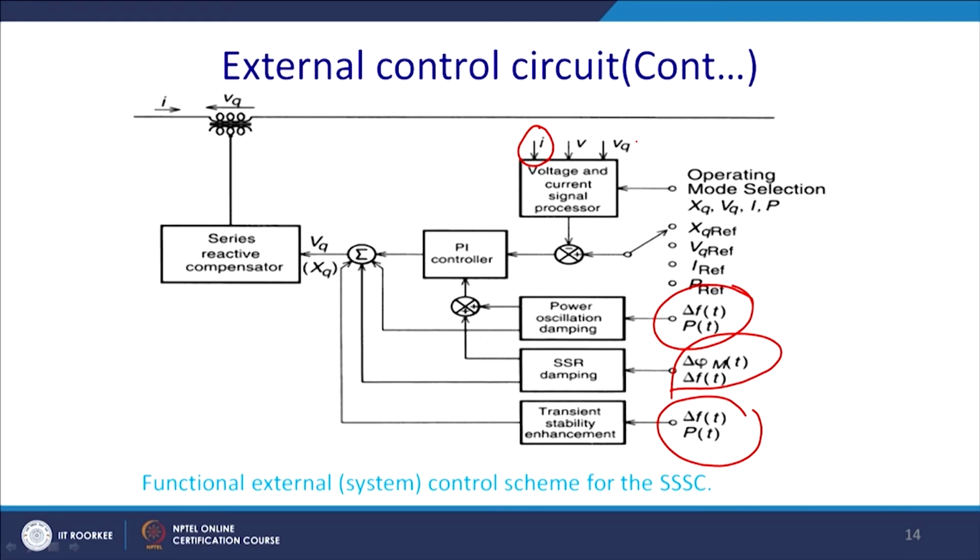And thus an operation mode selection can be as follows. It can be XQ if you want the impedance mode of operation, where you want to inject the value of VQ by the value of XQ. If you have a voltage mode of operation, you will choose the value of VQ.